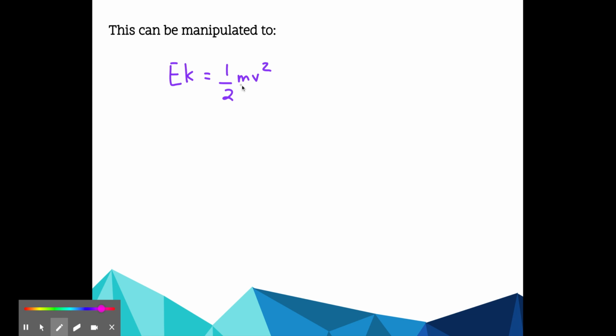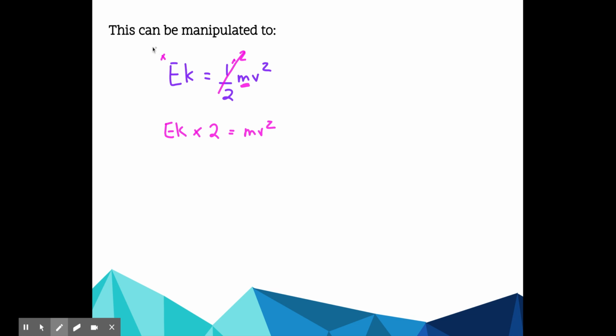This is the one that you need to get on its own. I can do that by getting rid of the 1 divided by 2. So I'm going to multiply this side by 2. So EK times 2 is now equal to mv squared, because when I times by 2, that gets rid of that.